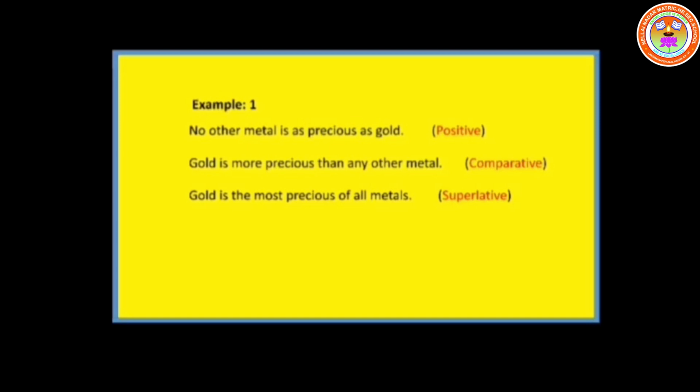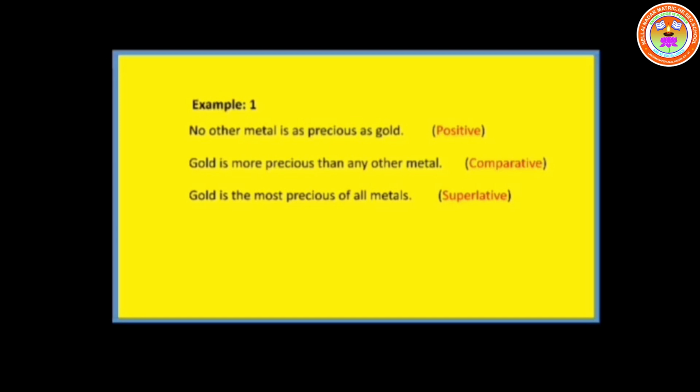Now the subject will become object and object will become the subject. Now gold has come to the front. Gold is more precious. Why are we using more? Because precious has got more than 3 syllables, 3 and above, 2 and above. So we use more plus precious. Gold is more precious than any other metal.